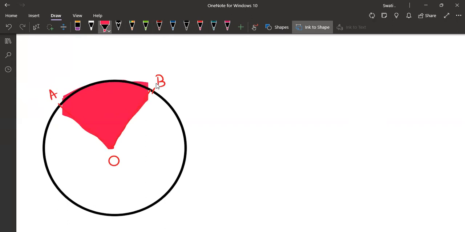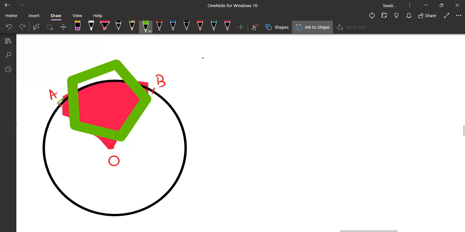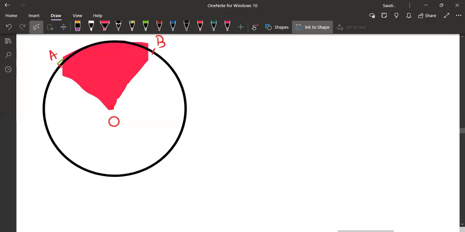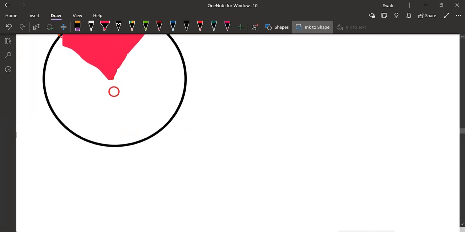First, let us find the perimeter of the sector. Let me increase the width here so that you can understand what the perimeter of a sector is. The perimeter of a sector is going to be the length of this arc. Give me a moment. So this is the sector.